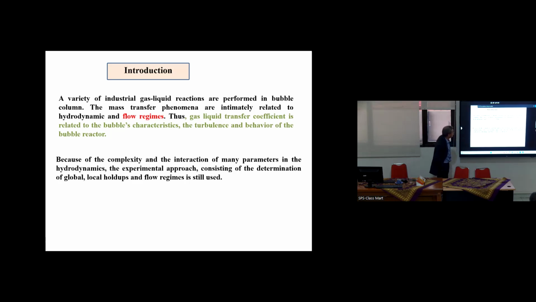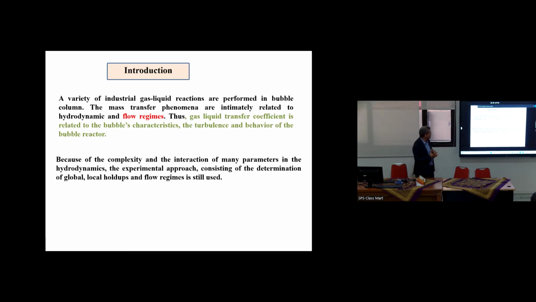The gas-liquid transfer coefficient is related to the bubble characteristics, turbulence, and the bubble reaction. It's complicated because you have liquid and gas in the form of bubbles. You have to study the hydrodynamics.